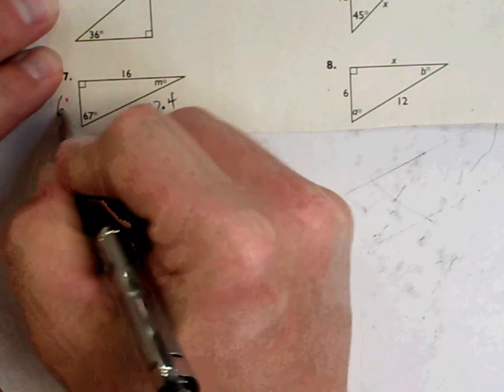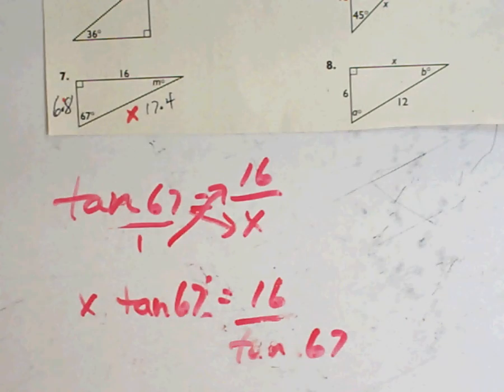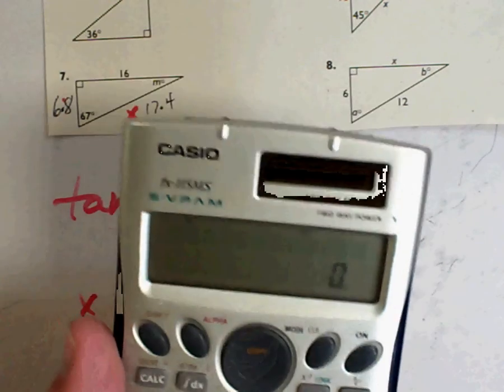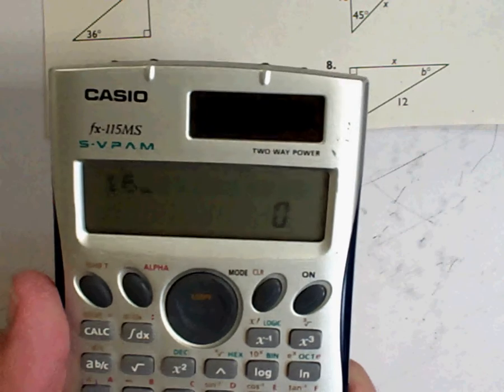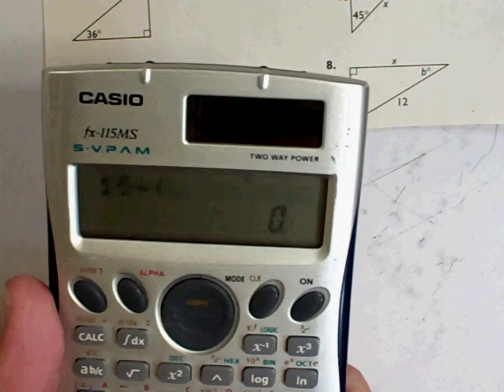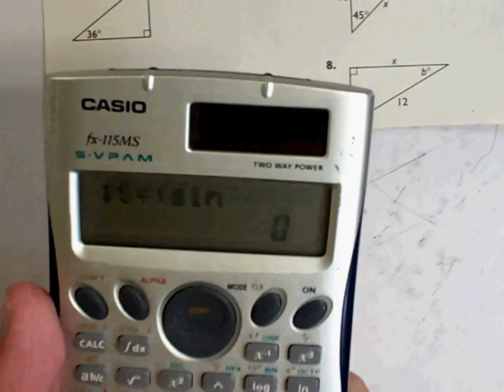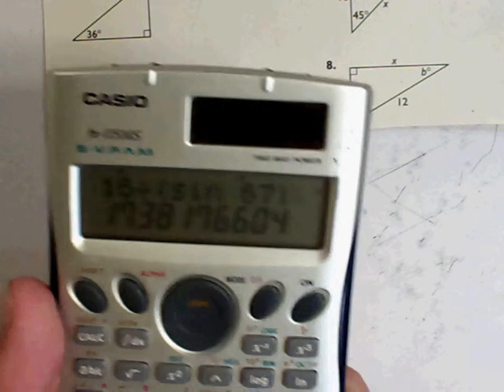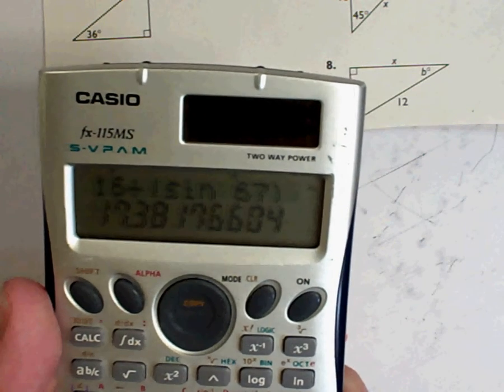So I'm going to show you the other math again since it didn't show the first time. The first one was dividing by sine. So if I had 16 divided by, open parentheses, sine 67, there's that 17.4.